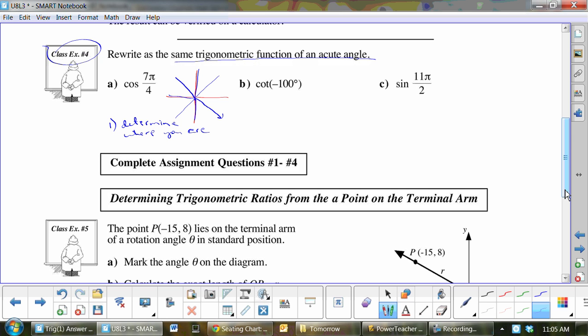Okay, now also put your cast rule. Now what would cos be in this quadrant? So it's going to be positive. Okay?